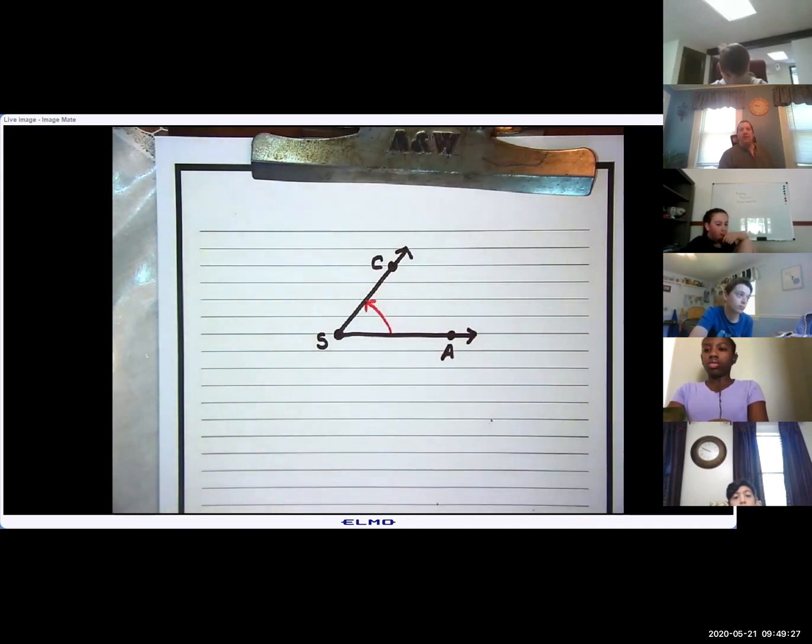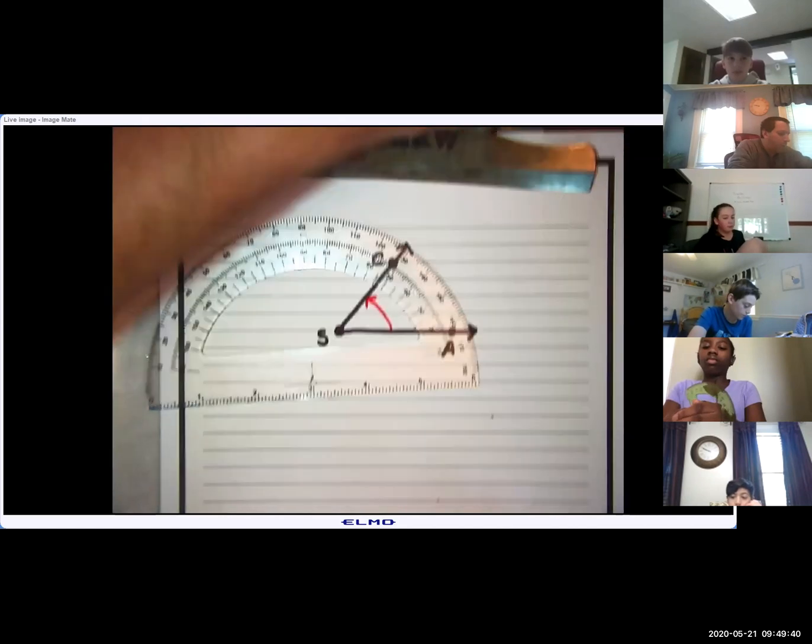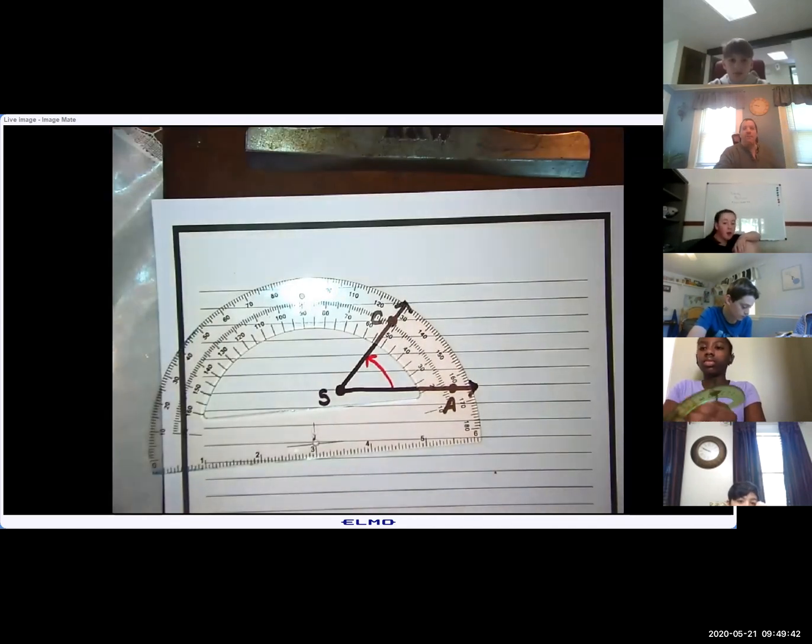Is that 360 degrees? Can we agree it's going to be less than 360 degrees? Perfect. So what you do is you're going to use your protractor to find out the measure of that angle. Let me show you how.